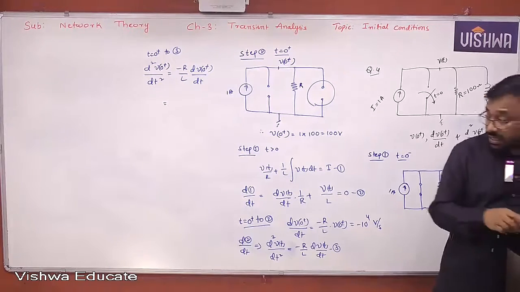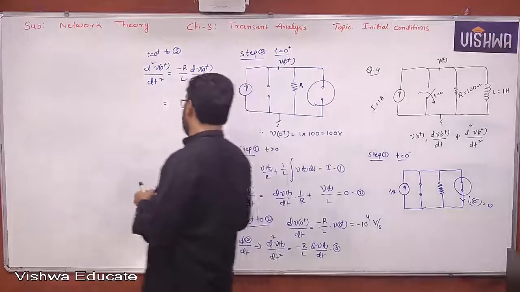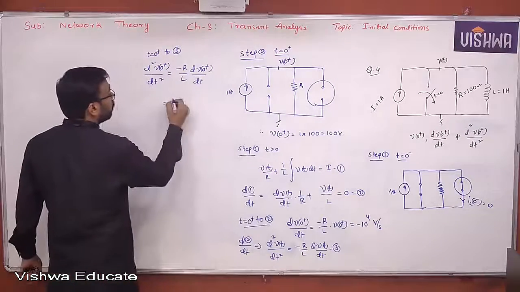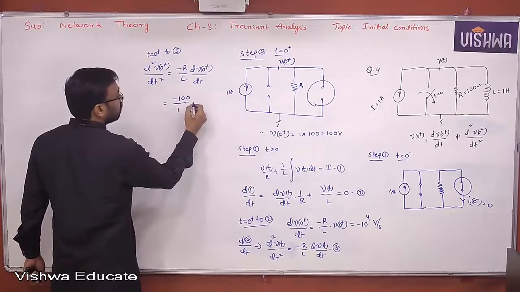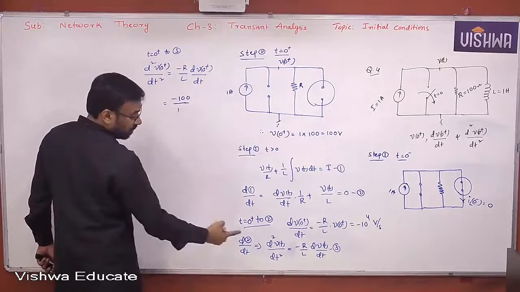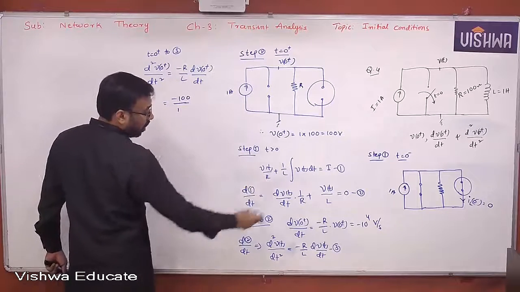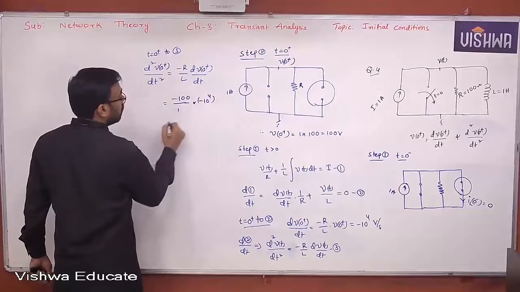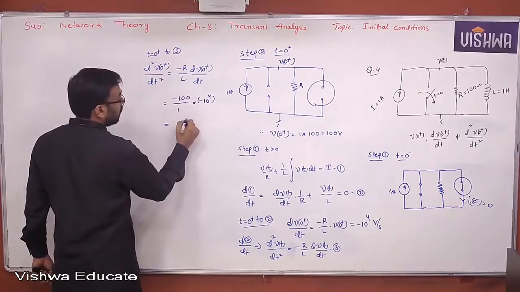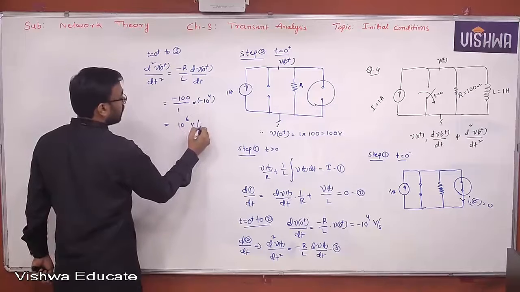Substitute that value and get some answer. I think you can get those values easily. If I substitute minus 100 by 1 Henry, yes or no, into what? What is dV of 0 plus by dt? You already got that answer, minus 10 power 4. So what do you get? 10 power 6 volts per second square.